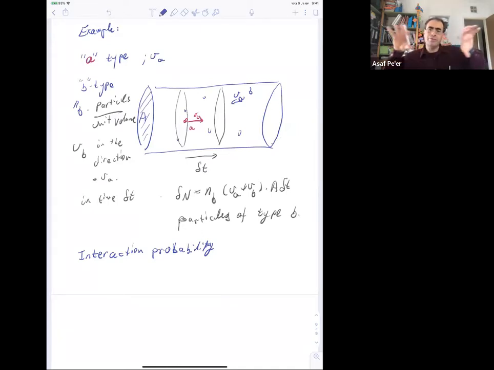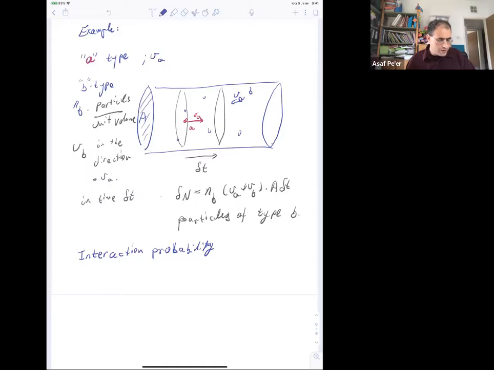We have a tube of area A. The A type particle, the red particle, is moving inward. There are B particles of some density NB that move in the opposite direction.